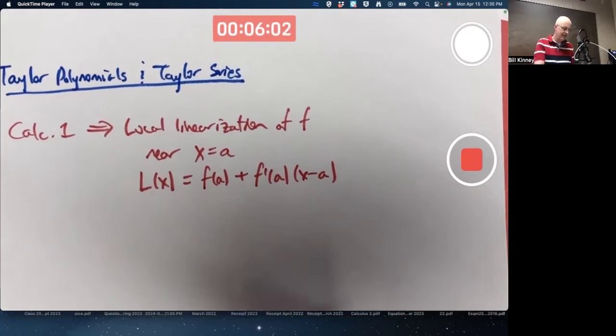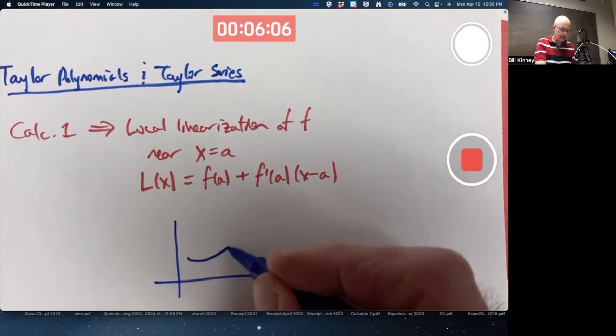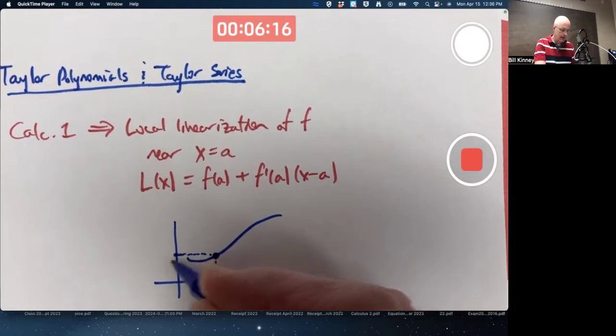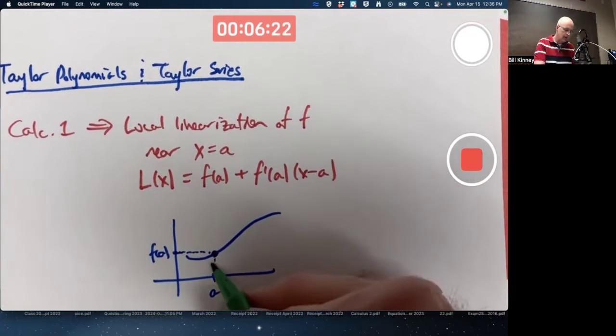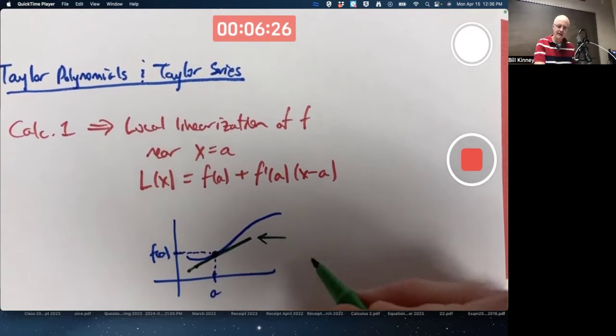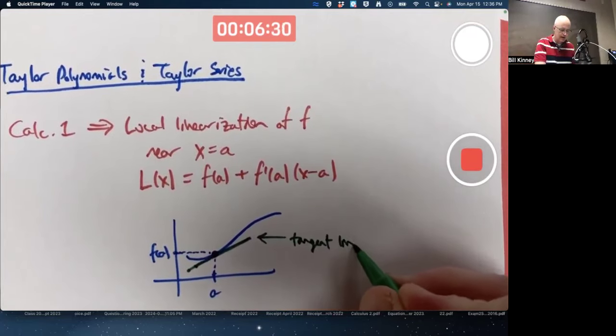The graph of f is a curve. Maybe it looks like this. Let's say a is right here. The second coordinate of that point would be f of a. And the slope of the tangent line would be f prime of a. There's the tangent line.